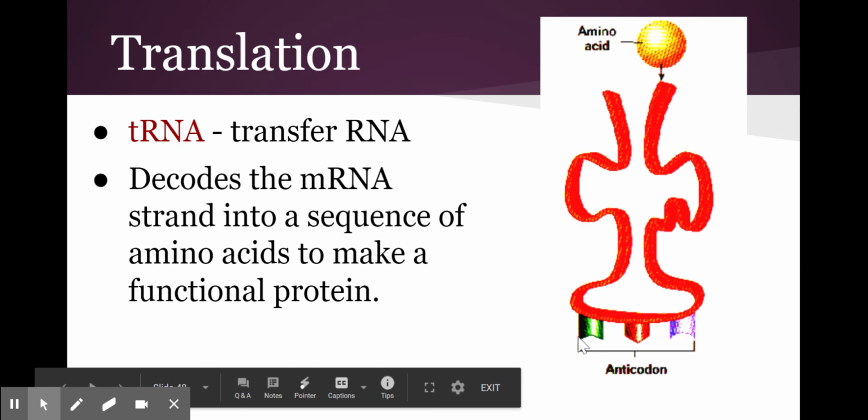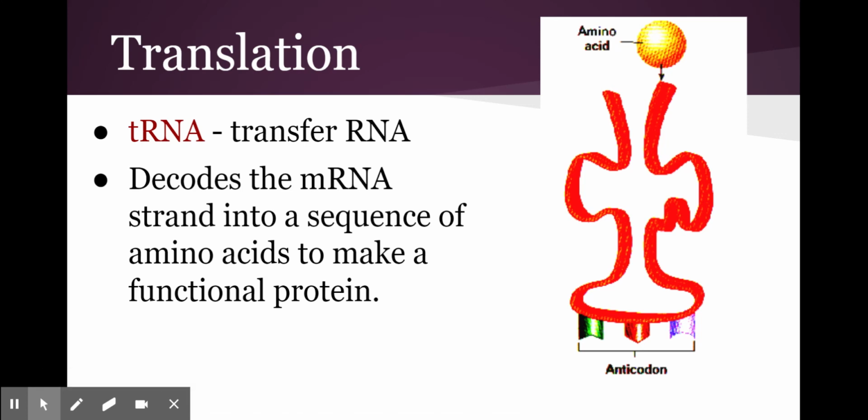What we find on one end of a tRNA molecule is a sequence of 3 nucleotides. And this is RNA, so that means it is going to be A's, U's, G's, and C's. But you're going to find on these RNA molecules that they have a unique combination of 3 nucleotides on this end. And what we find on the other end is that they have a corresponding amino acid that they carry with them.